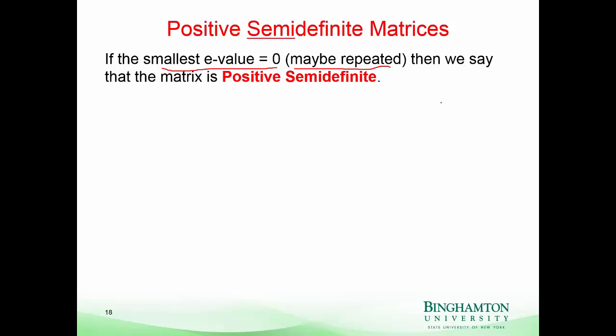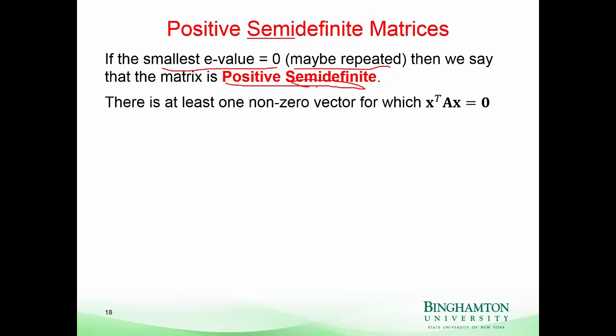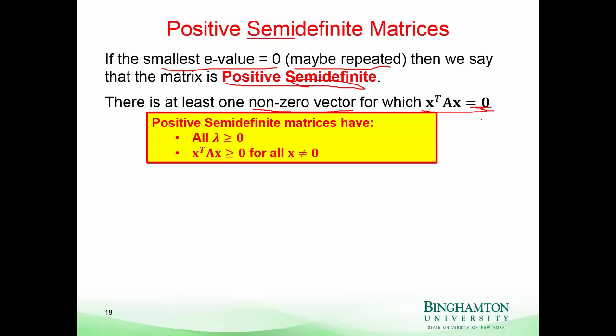So we'll call such a matrix positive semi-definite. What that means is there is at least one non-zero vector for which the quadratic form is equal to 0. So for positive semi-definite matrices, this is our usual definition, the second column or the second row here.